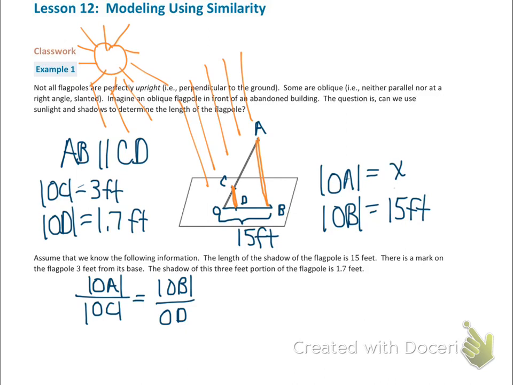Okay, so just substituting numbers in that, OA is X, OC is 3 feet, OB is 15 feet, and OD is 1.7 feet.